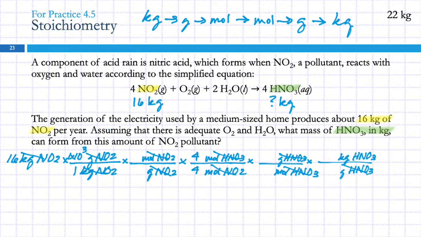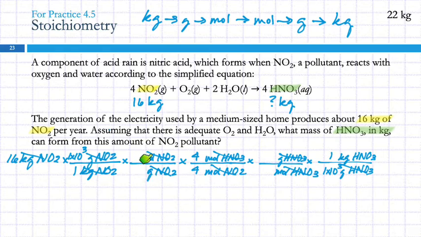Here, kilos on the top, so 10 to the 3 goes on the bottom. If we've got our wits about us, we can see that this number and that number are going to cancel each other out. But if we don't see that, our calculator will take care of it for us and it'll be okay.